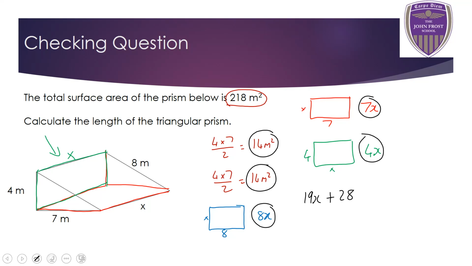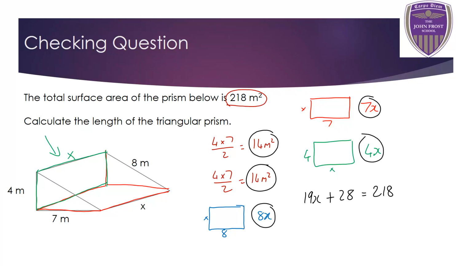So we know that 19x plus 28 is the total for our five sides of the area. And we know in the start of the question, we were told that the total surface area for the prism was 218 meters squared. We've set up a simple two-step equation to solve.